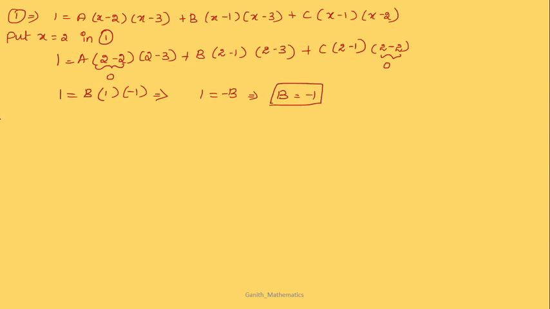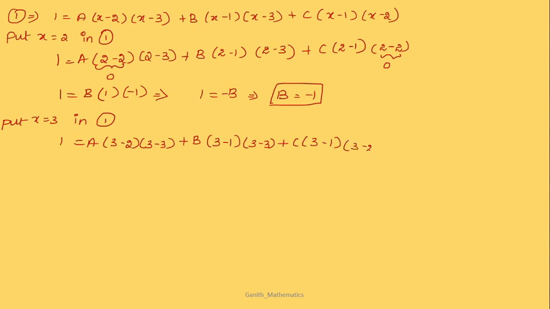Okay. Next, in the same equation, you are going to substitute x is equal to 3. Put x is equal to 3 in equation 1. Left hand side 1 as it is, a into 3 minus 2 into 3 minus 3 plus b into 3 minus 1 into 3 minus 3 plus c into 3 minus 1 into 3 minus 2.